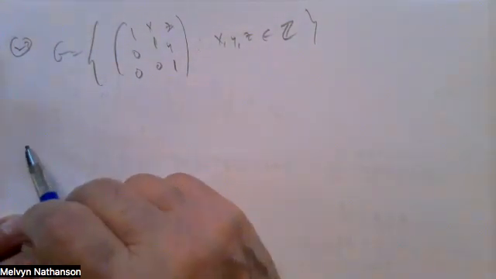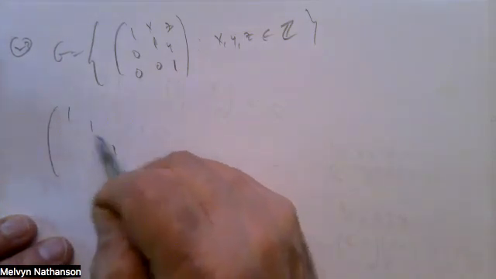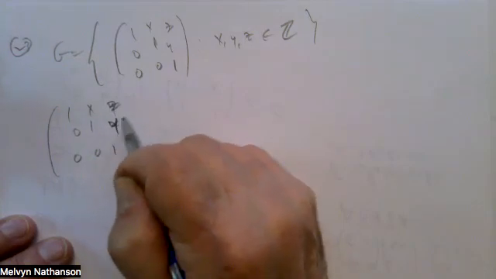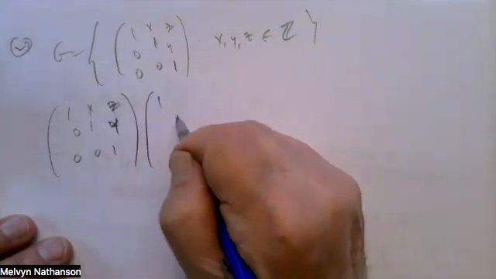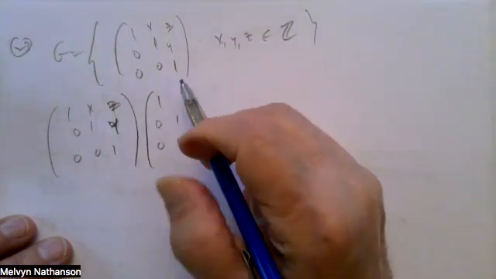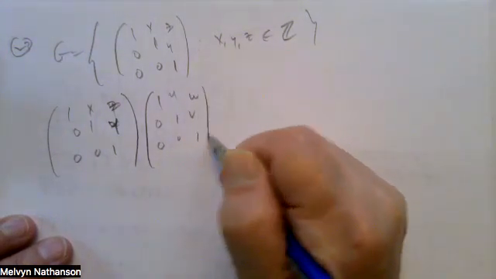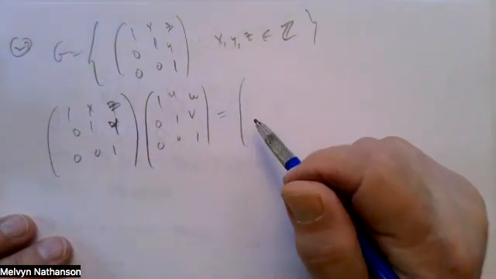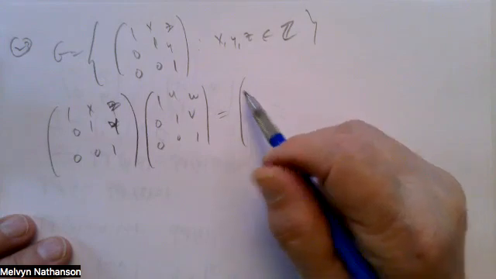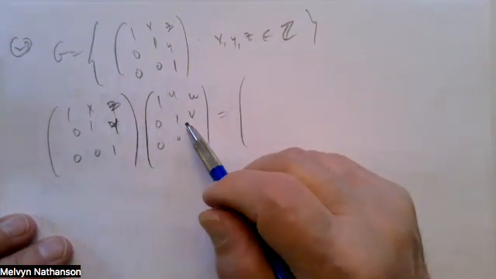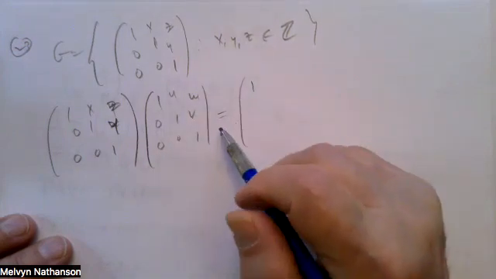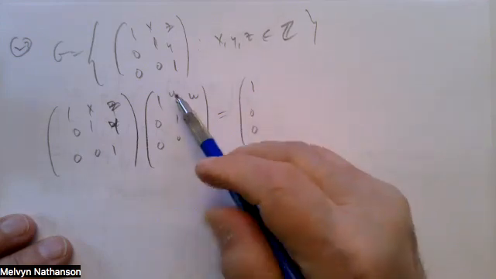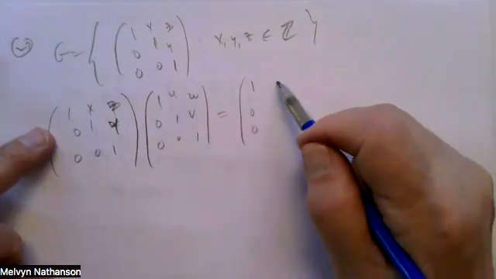And we want to show that this is a non-abelian group under multiplication. So you have to check, if you take two elements, the matrix with 1, 1, 1 on the diagonal, zeros below, and x, y, z above, and another element of the same form with u, v, w, that this is closed under multiplication. So if I multiply this, what's the first column? It's 1, 0, 0. What's the second column?